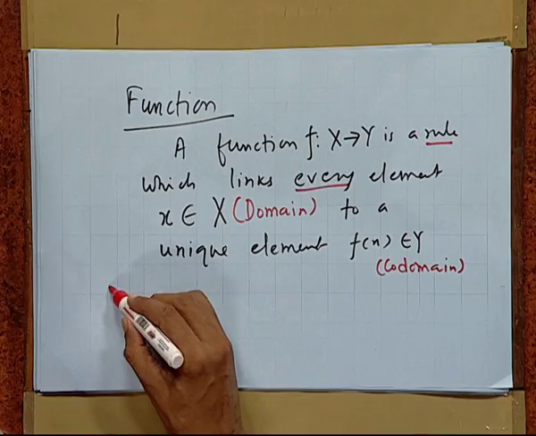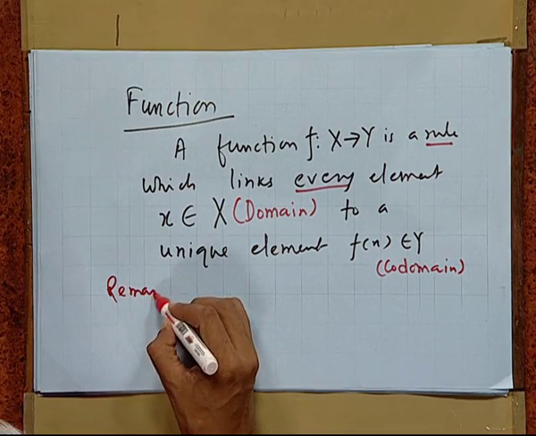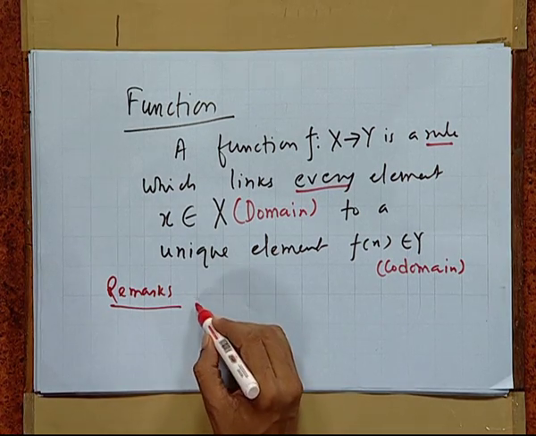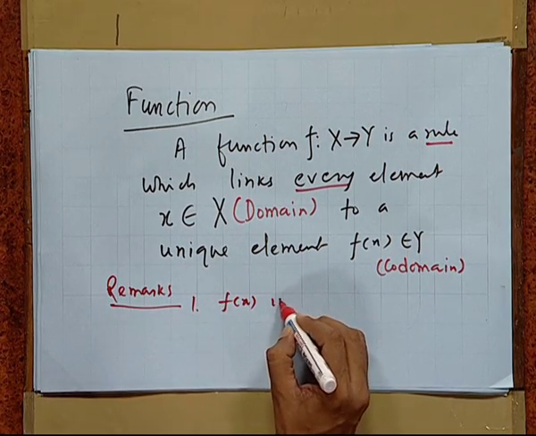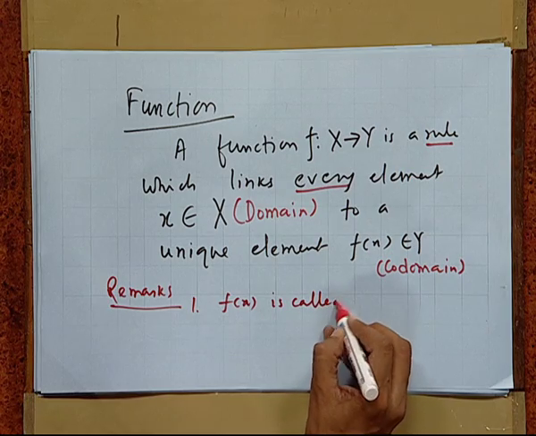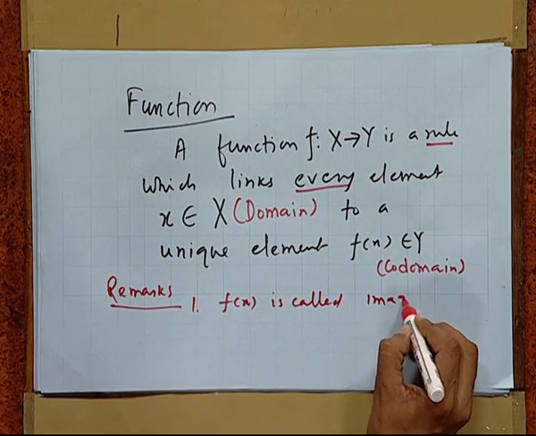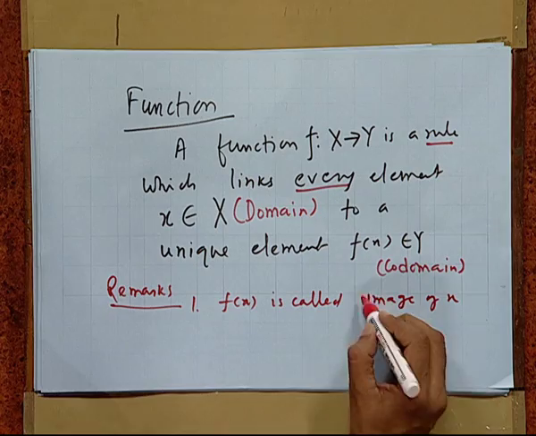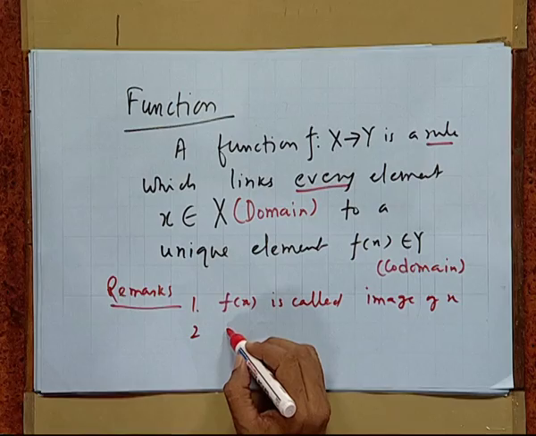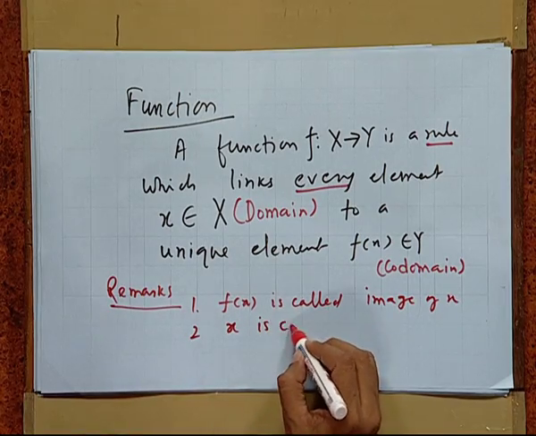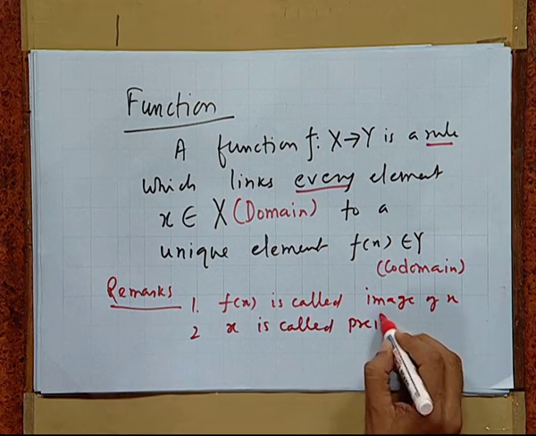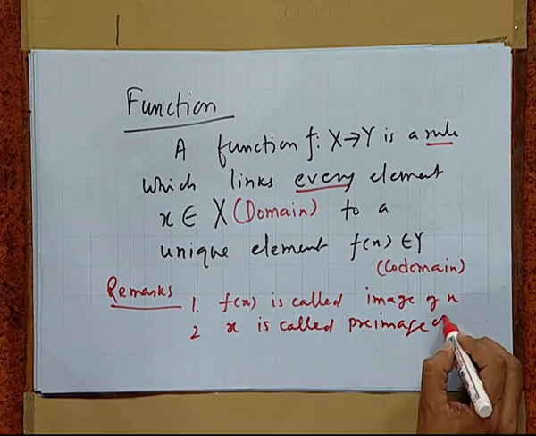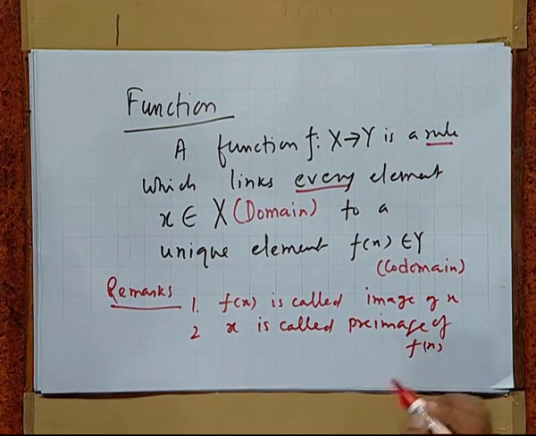Now, we have two remarks for it. Firstly, f(x) is called the image of x and x is called, on the contrary, the pre-image of f(x).